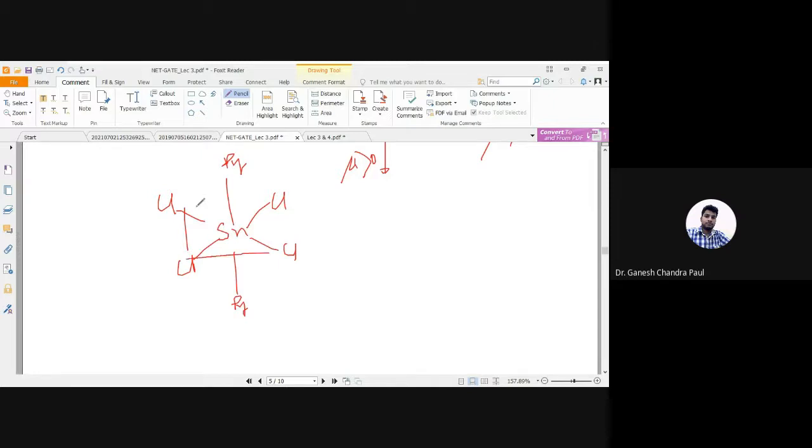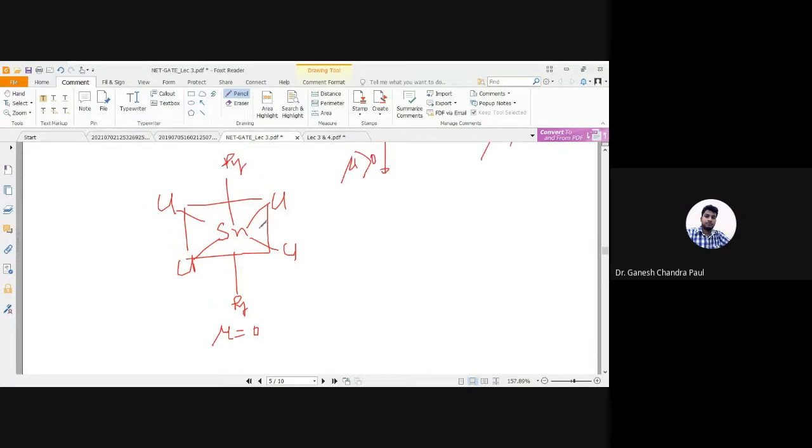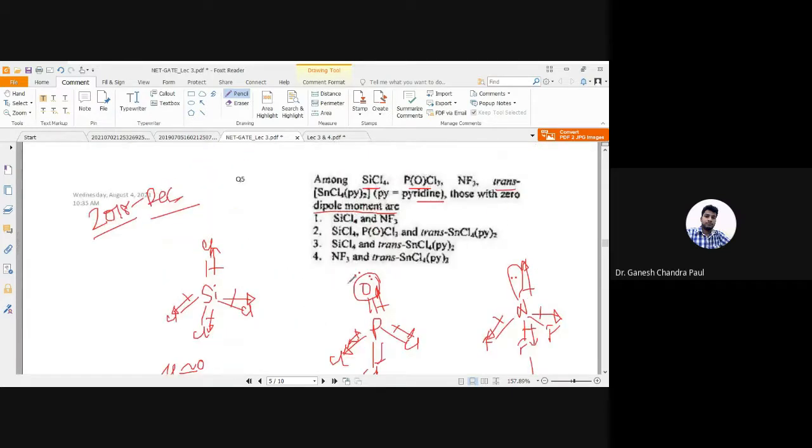Tell me. 0. Yes, the dipole moment is 0 because each of these bond moments will cancel each other, and therefore the overall dipole moment is 0. Very good. So now, which is the correct answer? Option 3 is the correct answer: SiCl4 and trans-SnCl4(py)2.